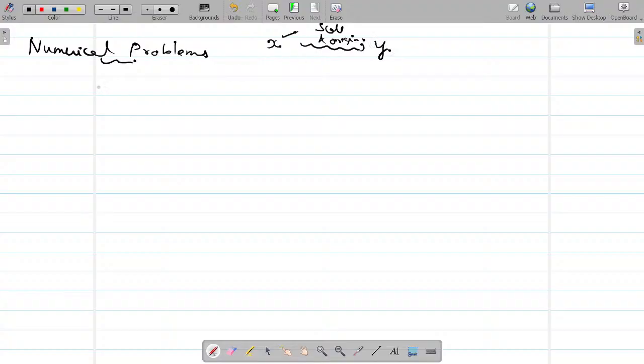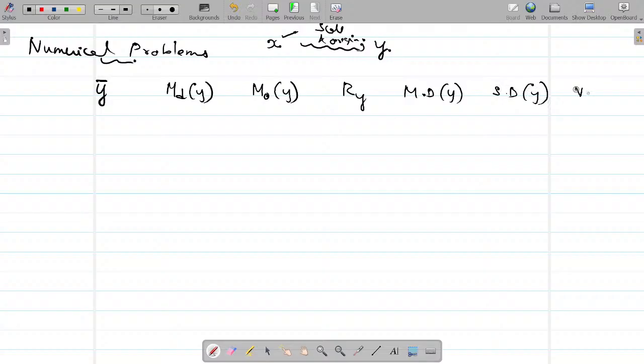What will be the y bar value? What will be the median of y? What will be the mode of y? What will be the range of y? What will be the mean deviation of y? What will be the standard deviation of y? And what would be the variance of y?